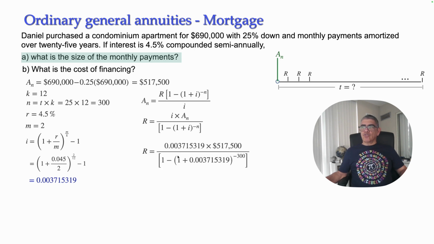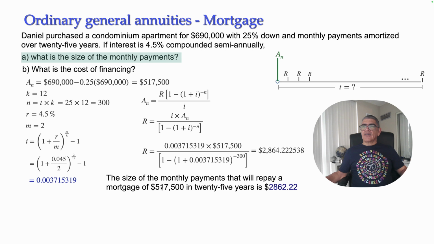So make a substitution, you obtain this number, and then using your calculator, you obtain that the payments need to be $2,864.22. So this will be the value of R. The size of the monthly payment that will repay a mortgage of $517,500 in 25 years is $2,862.22. So this answers the first question.